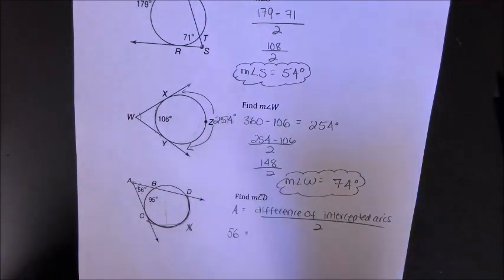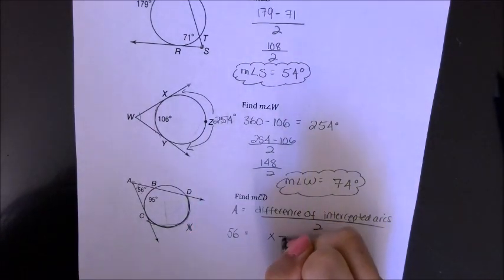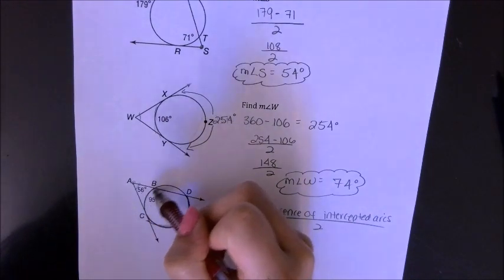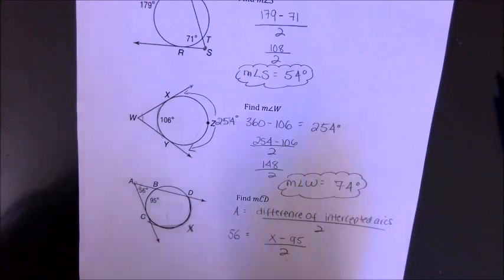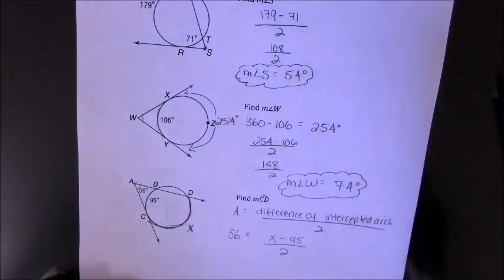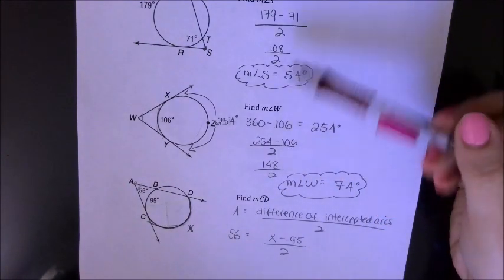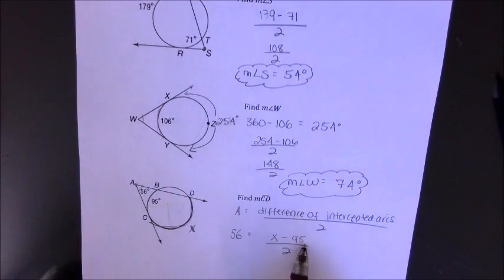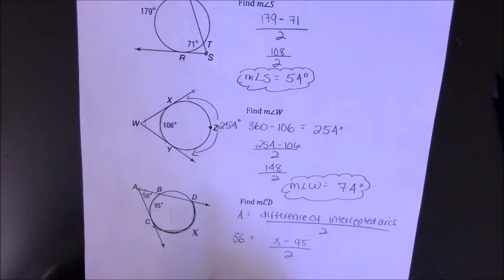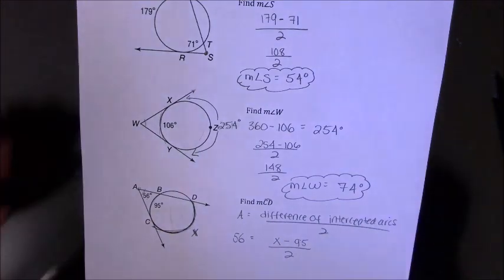So I do x minus my minor arc, which is 95, and then I divide it by 2. That's essentially what we did on all the top questions: you find the major minus the minor, divided by 2, and you get your circumscribed angle.